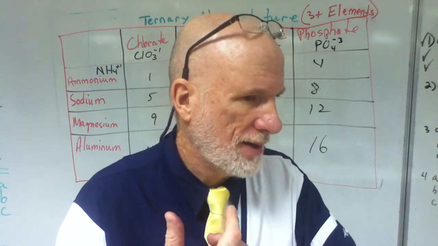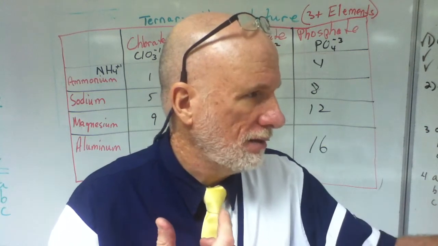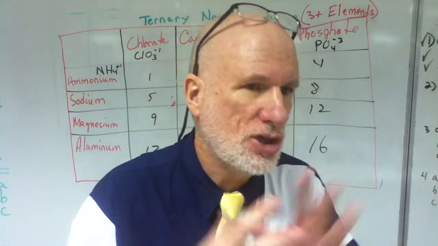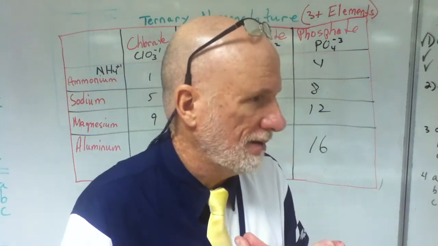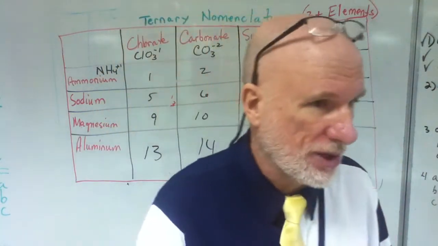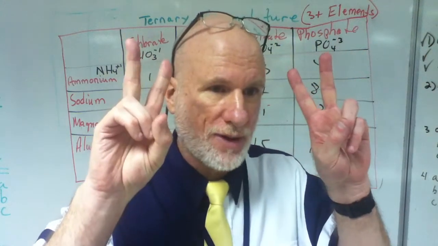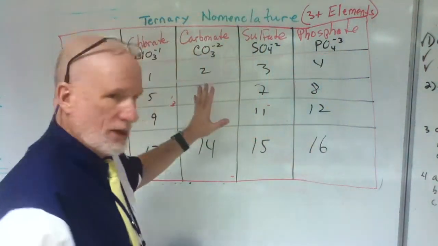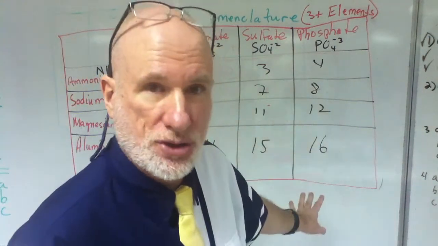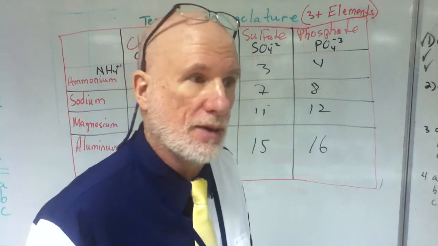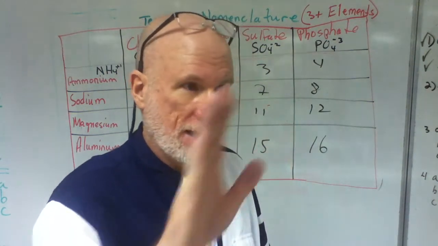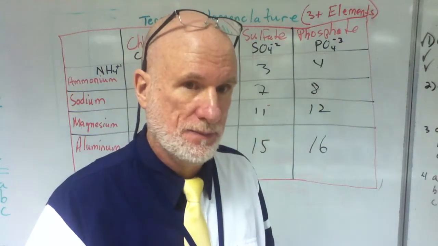Didn't you do binary 1 to 42 for today? Yes, okay, so you don't have to do that. If you didn't do it, make sure you do it. So then you have 2 ternary tables, right? This is ternary table 2. This is going to be ternary nomenclature part 2. And then ternary table part 1. Clear? You understand?